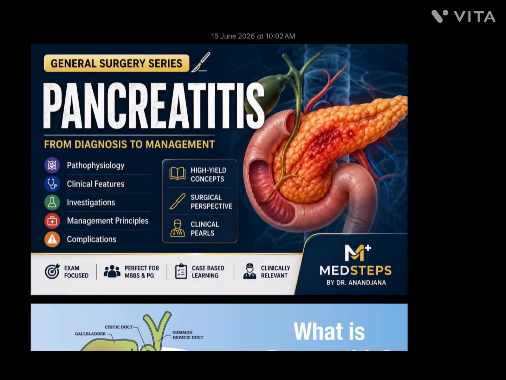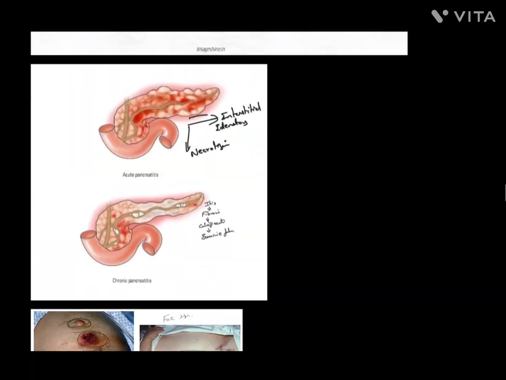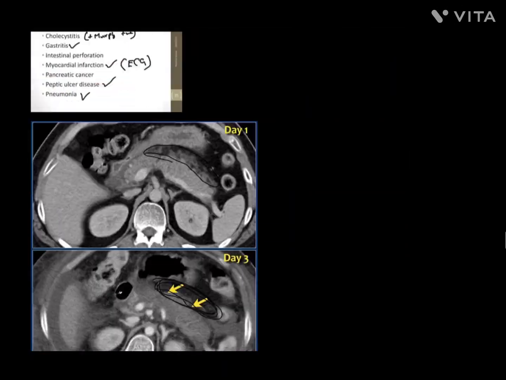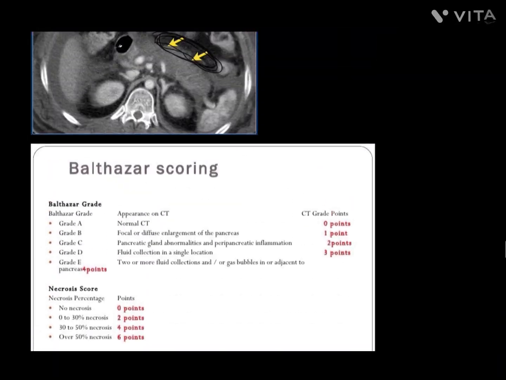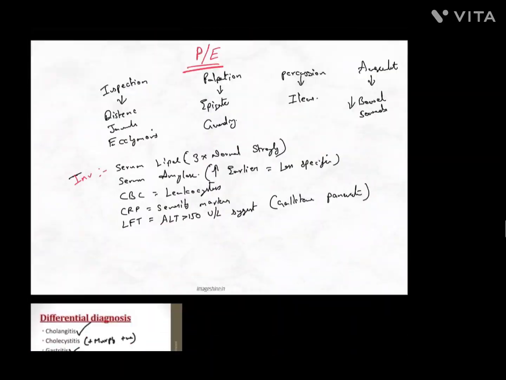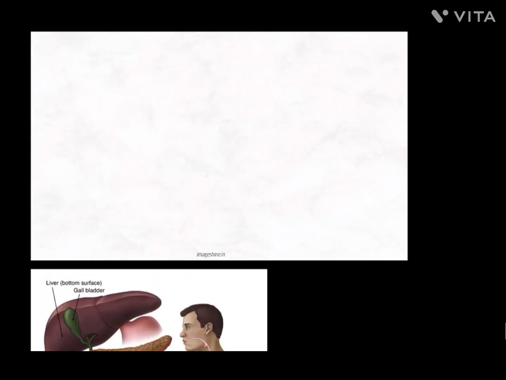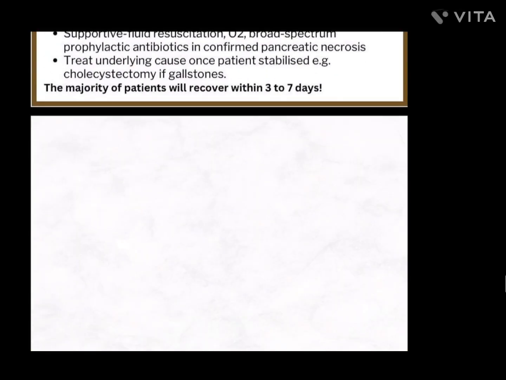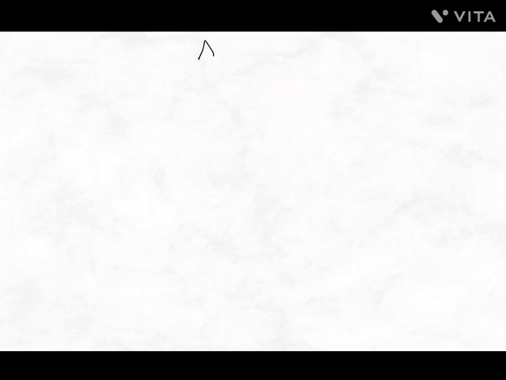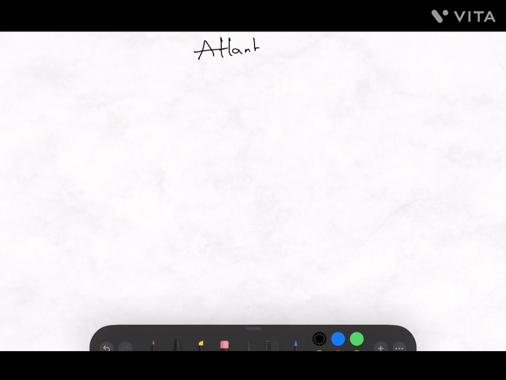Next we can see classification. If any patient comes to GPHC, we have one classification we call the Atlanta classification. This classification is very important.